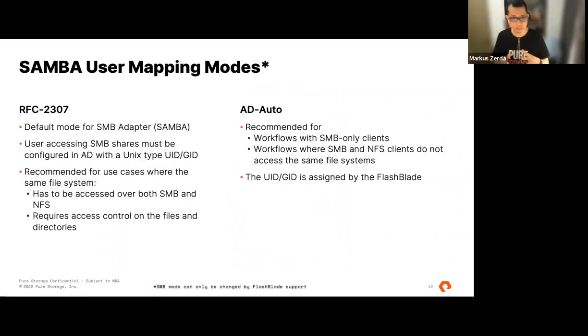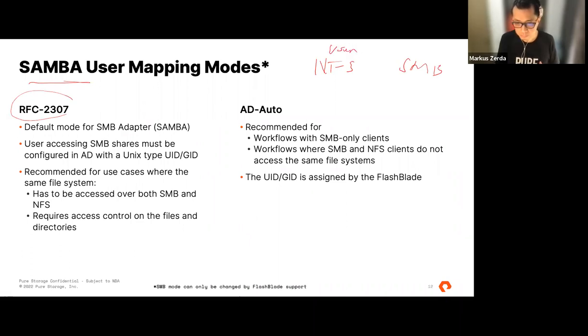As I mentioned earlier, if you stick to the default, which is Samba, there are actually two mapping modes. Quick overview: if you want access between NFS users and SMB users, there needs to be a way for an NFS user to map to a specific user in SMB, so they can share the permissions.